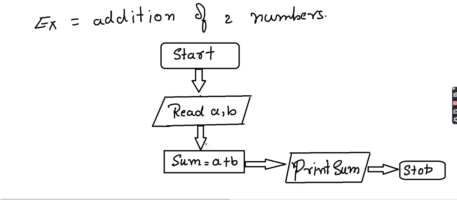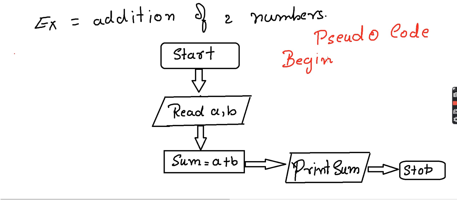Now I will quickly write the pseudo code and algorithm along with the flow chart for the same example. First I will write the pseudo code. Pseudo code is the first basic step of writing a program.